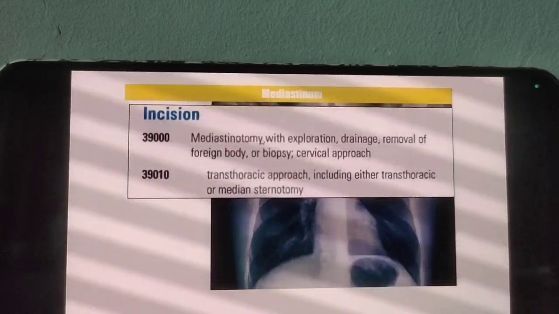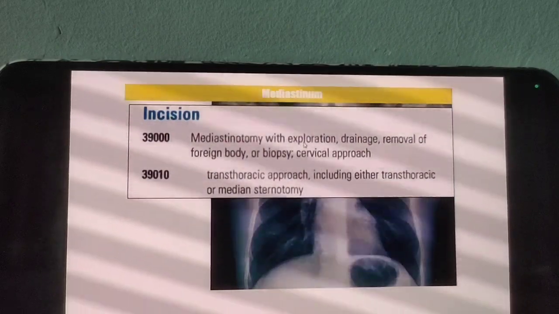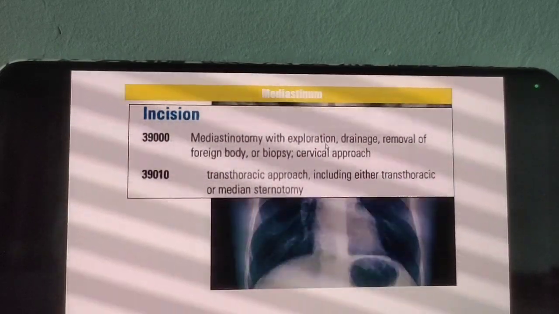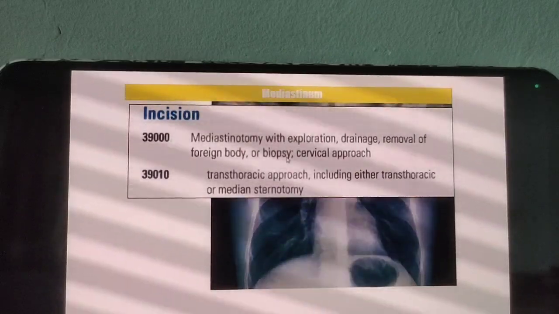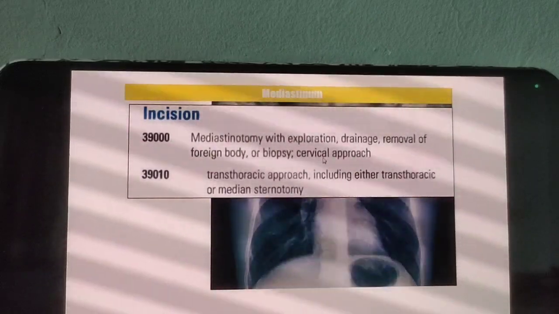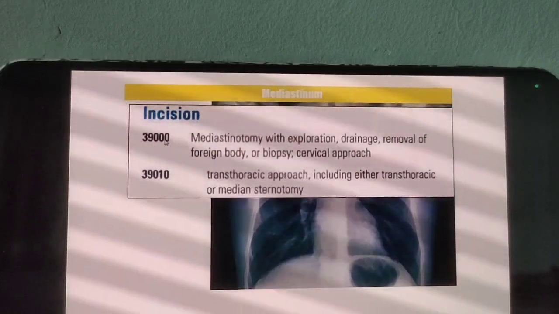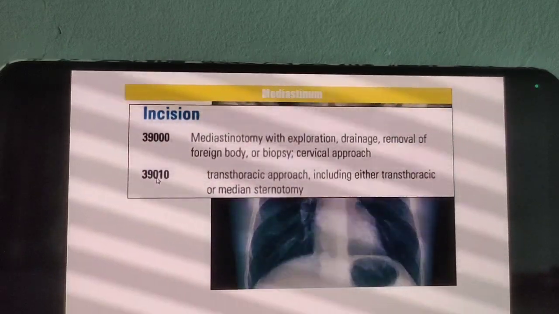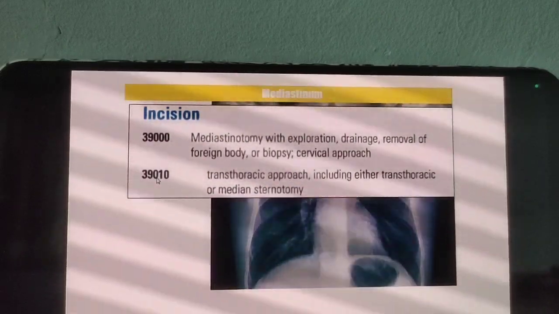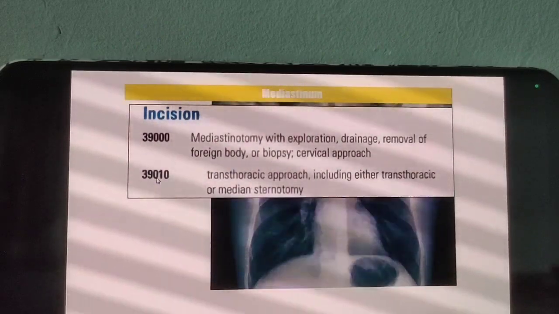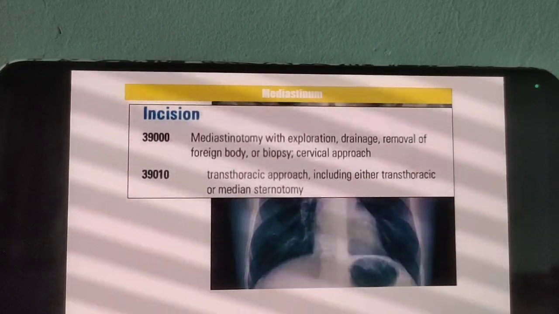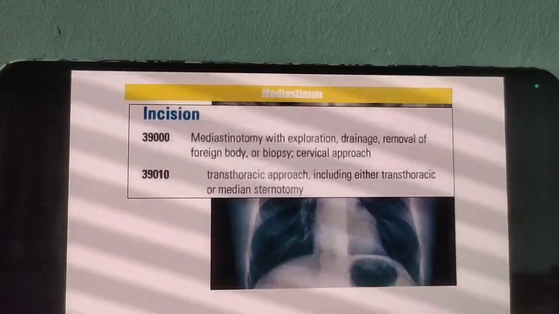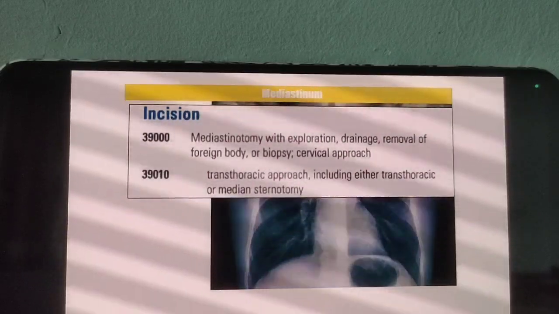Doctor makes a cut on the mediastinum for exploration, or drainage, or removing a foreign body, or biopsy. Through cervical approach 39000, thoracic approach 39010. Okay.